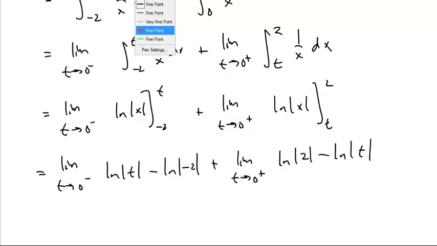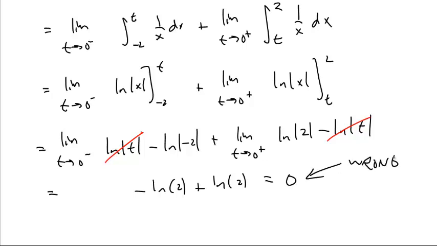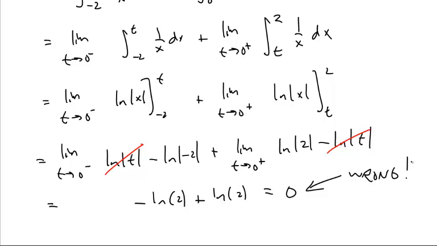And then people say, oh, look, natural log of t minus natural log of t. Now I'm done with t's. And what do I have? I have negative natural log of 2 plus natural log of 2 equals 0, which we said before is in fact the wrong answer. What went wrong here?